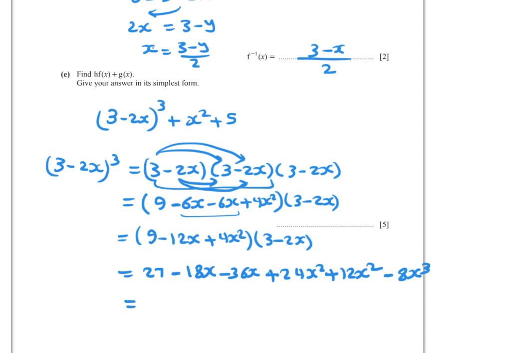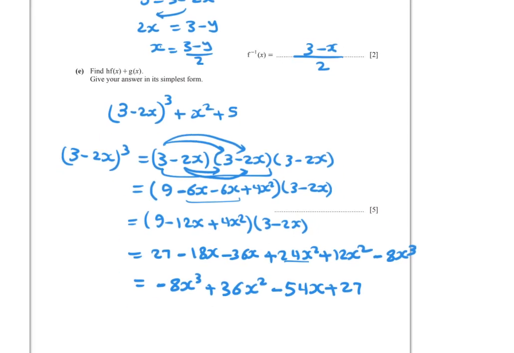Now we can combine the like terms and write them in order. So negative 8x to the power 3. We have x squared terms, 24 and 12, so 36x squared. For x, negative 18x and negative 36x, so negative 54x, plus 27. Now we need to add x squared plus 5.